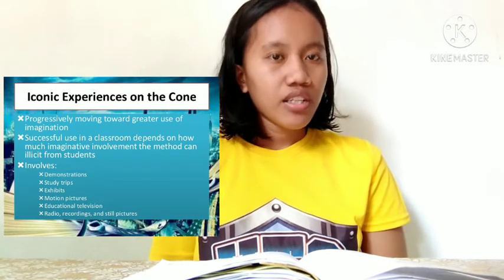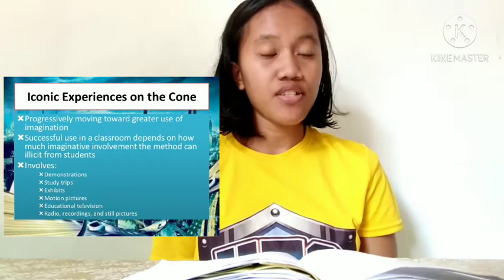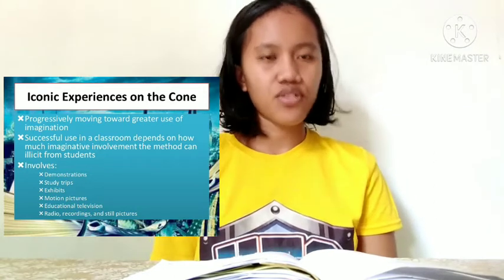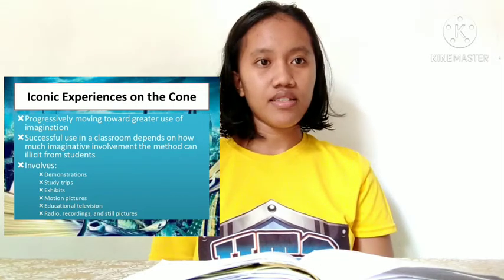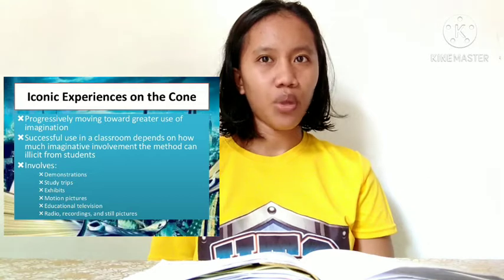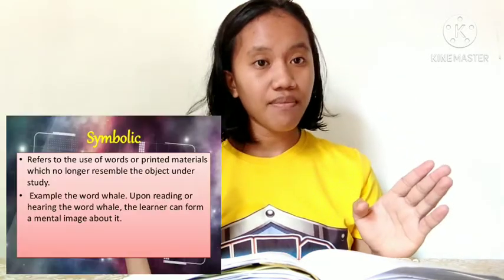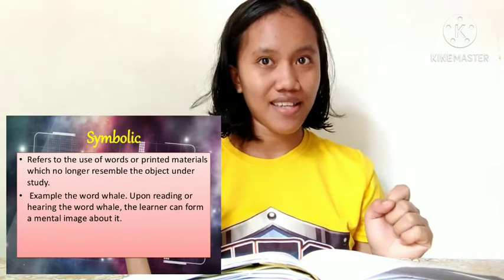It is helpful to students who can deal with the pace of real events. An example of this is listening to music or listening to old radio broadcasts. So the third level, we have the symbolic or the highly abstract experiences.